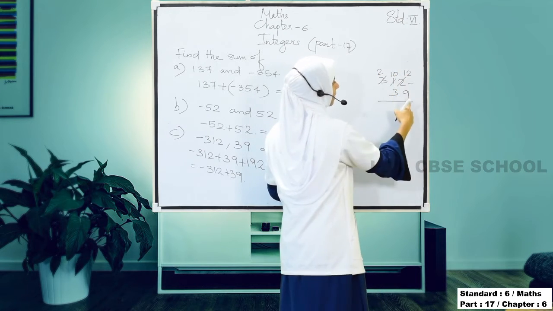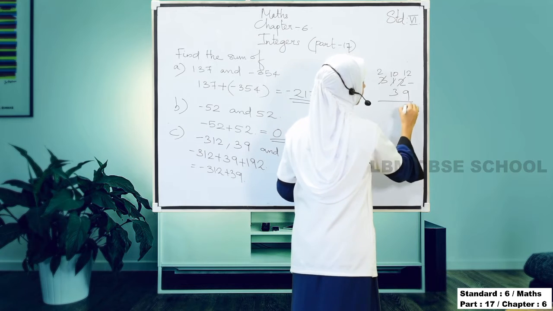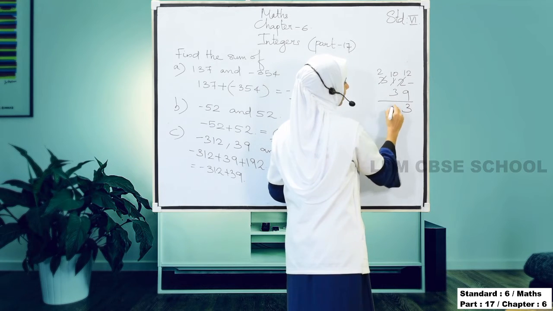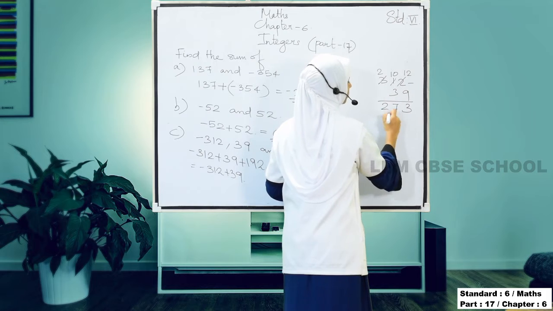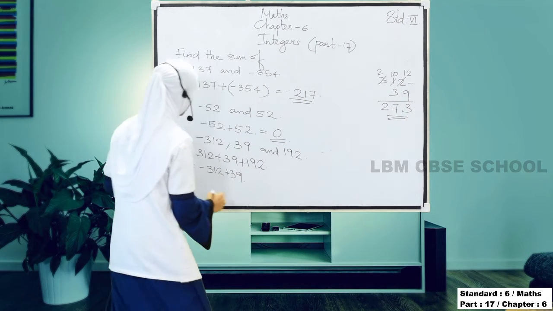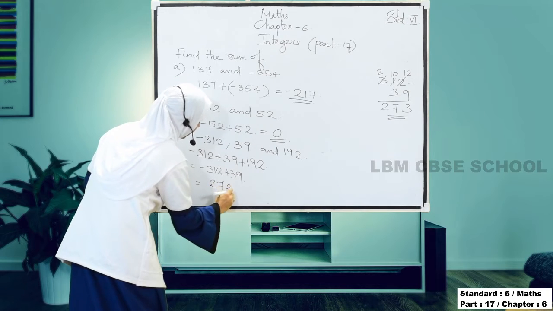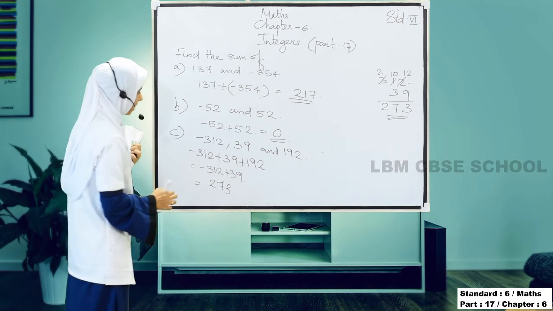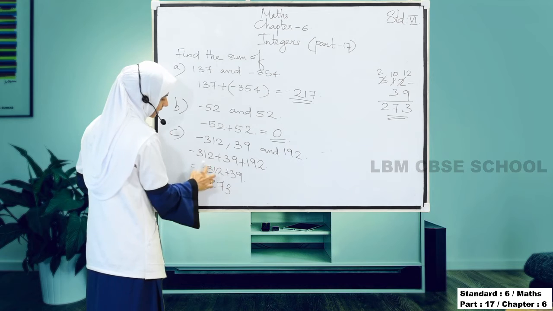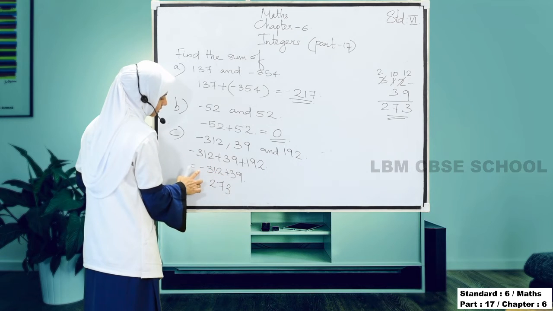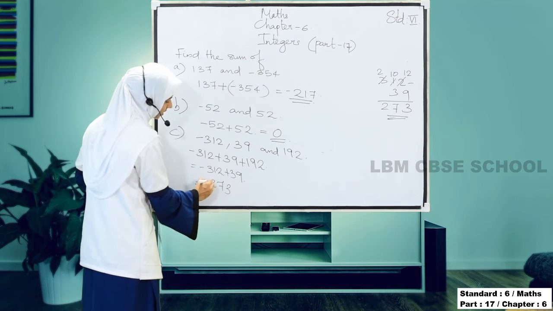Okay, 12 minus 9 is 3, 10 minus 3 is 7 and 2. So the difference of these two numbers is 273, and which will be the sign? Here the bigger or greater number is 312. We have to put the negative sign of that greater number.